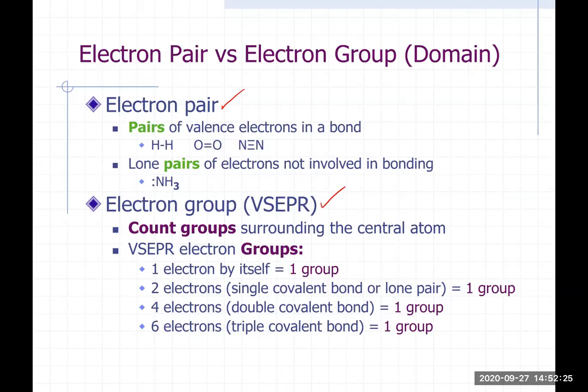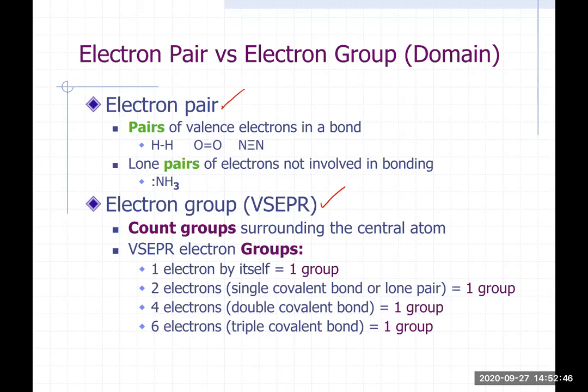How do we distinguish between these two? Because so far it looks like we've been looking at single bonds. There are 2 electrons there. That sounds like an electron pair. Well, it is an electron pair. Pairs of electrons exist in a single bond.